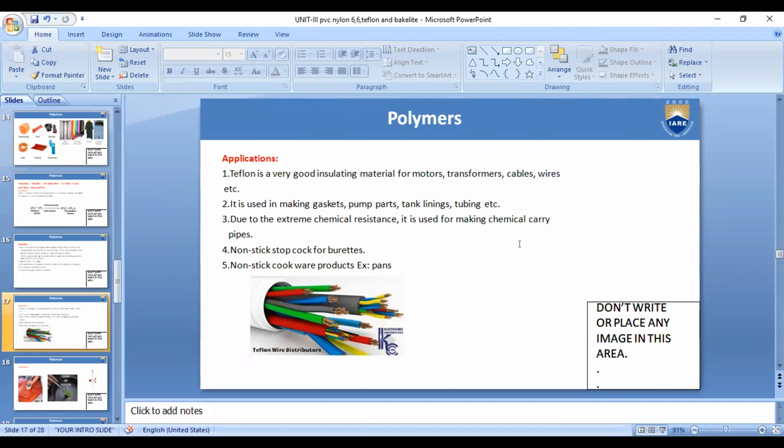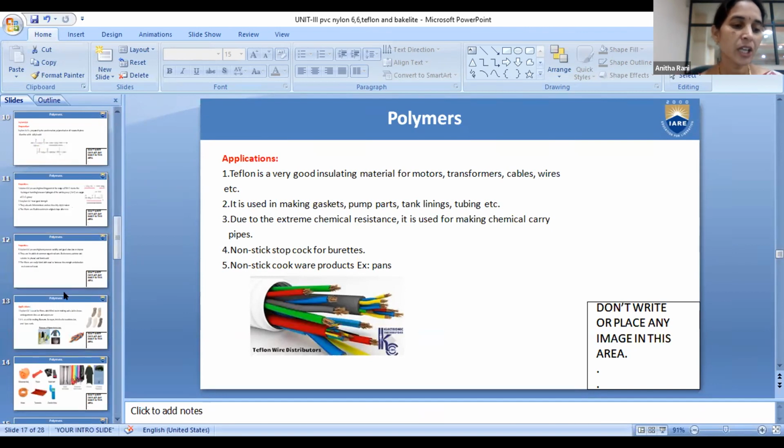It is chemical resistant, so chemical carrying pipes. Non-stick stopcock for burettes. Fifth point, non-stick cookware. So these are the applications of Teflon.